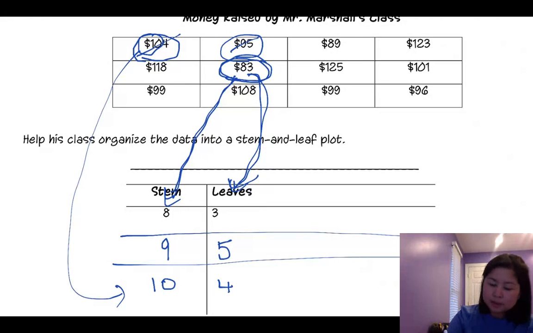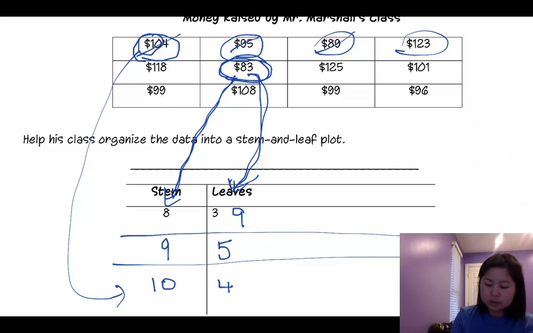Okay, let's do 89. The 8 is already here, so I can do the 9. 123. For this one, 100 is here, so I have to do a space and change the color a little bit, so it's going to be 23.